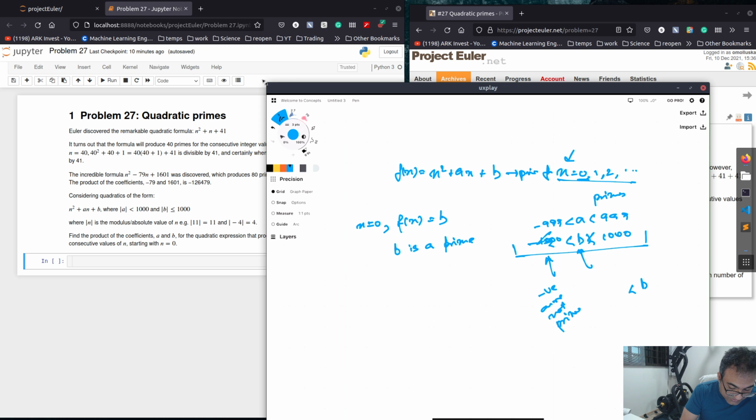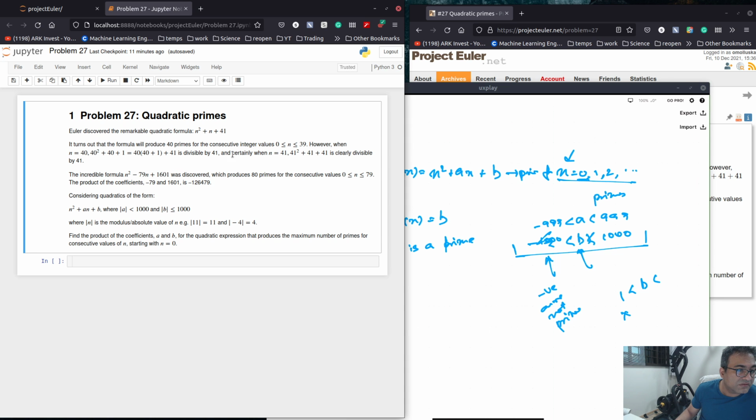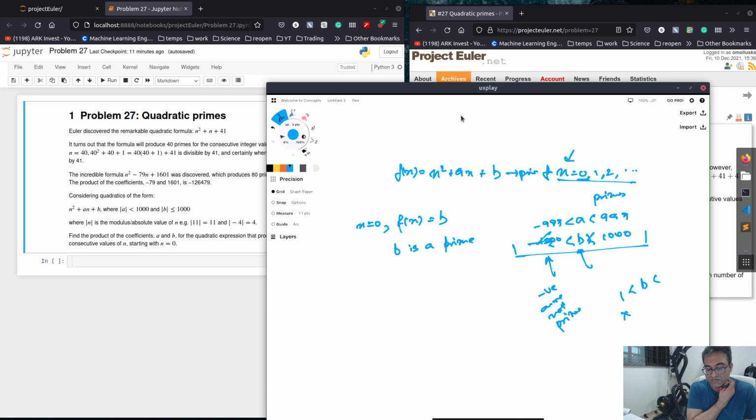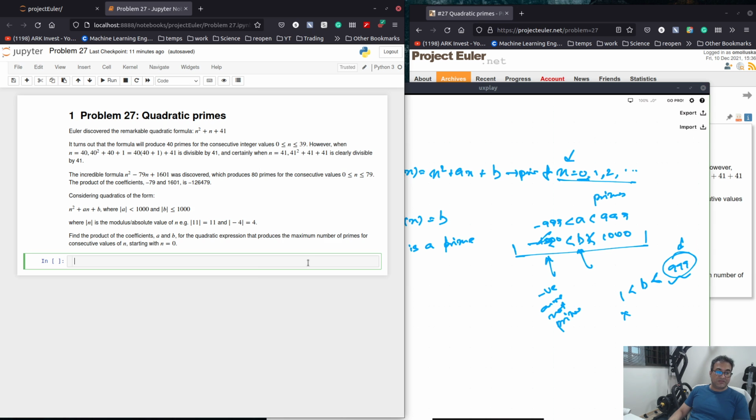b is between 1 and 1000. We will not consider 1 because it's not very meaningful. And then we will find all the primes up to 999, and that's not that many primes. So let's use the sieve algorithm to find the primes to begin with.